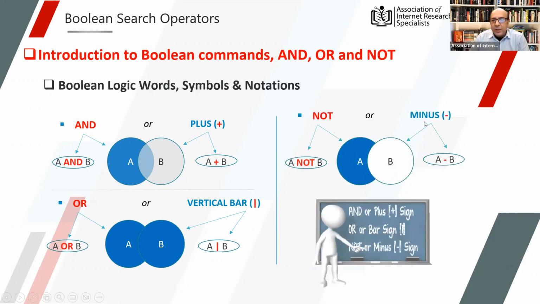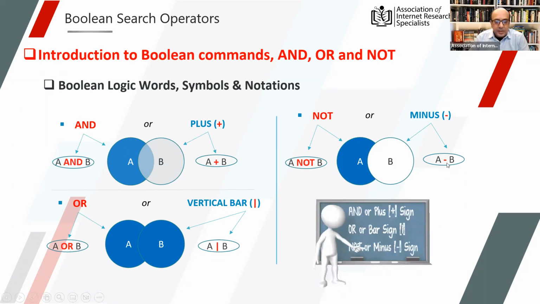In NOT, we learned that NOT as a textual word for Boolean is non-operational for use in Google search. Instead, we use a minus sign.